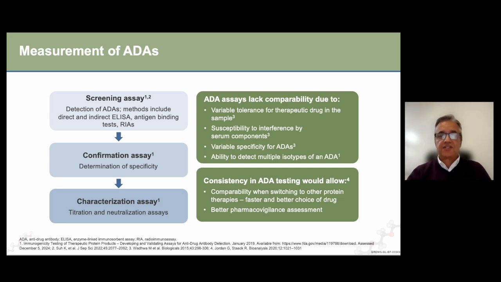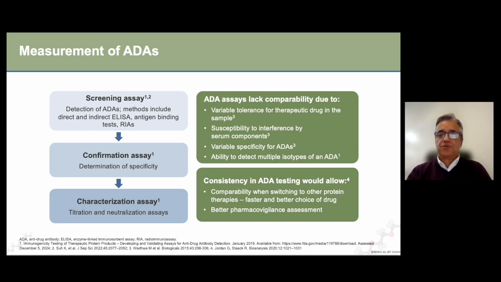So it's a screening assay, a confirmation assay, and then you can characterize the types of antibodies. And to characterize is really to do the titration of these anti-drug antibodies, titrate the immunogenic response, but also the neutralization to see whether these anti-drug antibodies neutralize not only the activity of the enzyme, but also the entrance of the enzyme in the cells, for example.